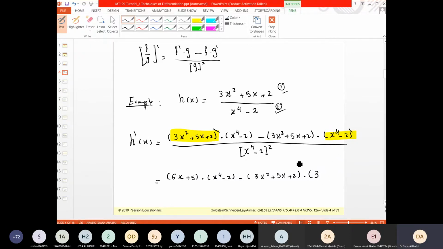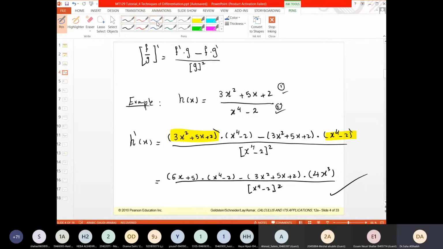Exactly, it is 4x to the power 3, divided by (x^4 minus 2) squared, and this is the derivative.